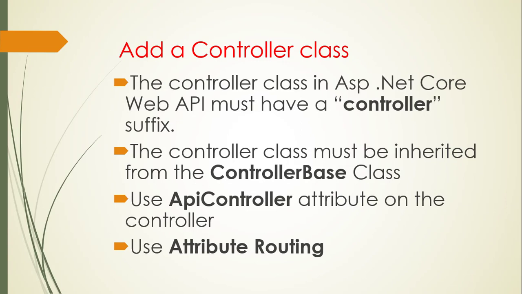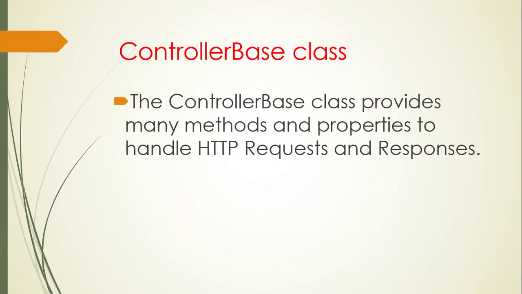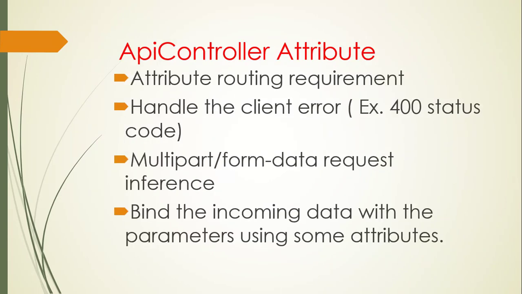Once we have inherited our controller class from ControllerBase class, we need to use the ApiController attribute. Then we need to use attribute routing to access the resource using URI. URI means Uniform Resource Identifier. Let's discuss the use of ApiController. ApiController provides support for attribute routing.